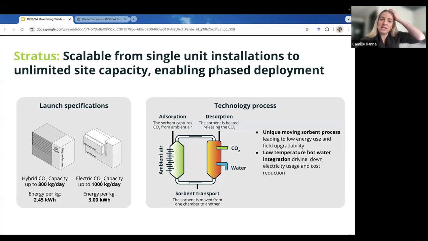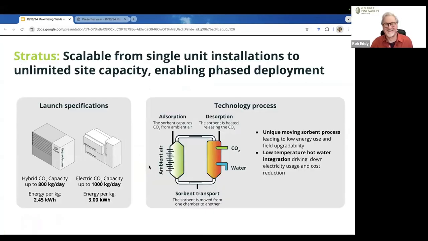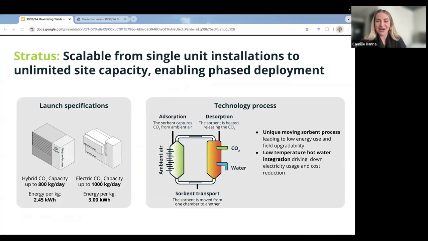And we have the electricity consumption listed here on the slide. Sorry. That's okay. And then we also have an all-electric version if waste heat is not available. So both options, just again, depending on where you are in the world. If you have renewable energy available, the electric option is a great option, but it does give you some flexibility.